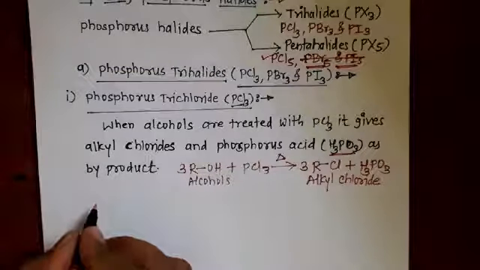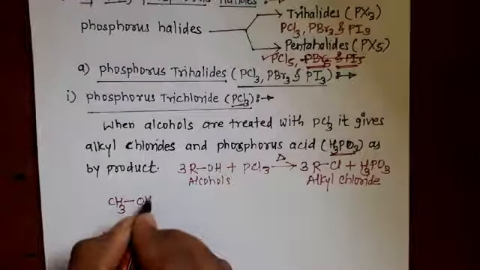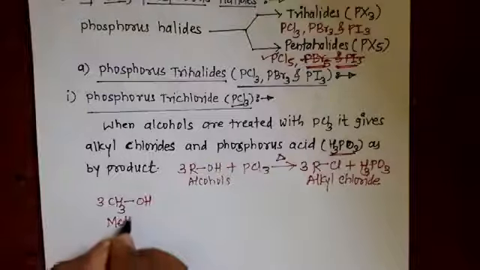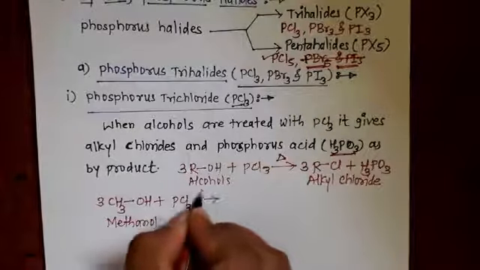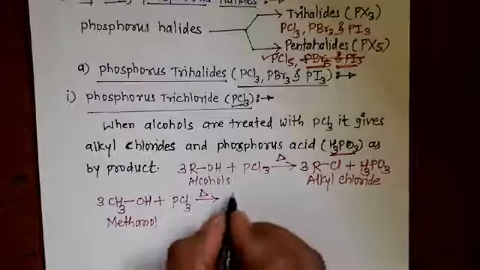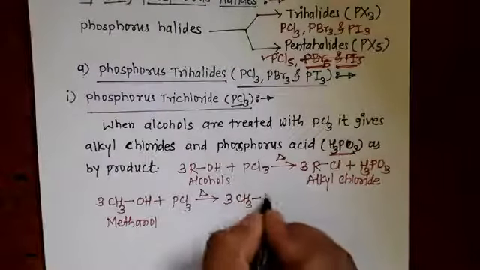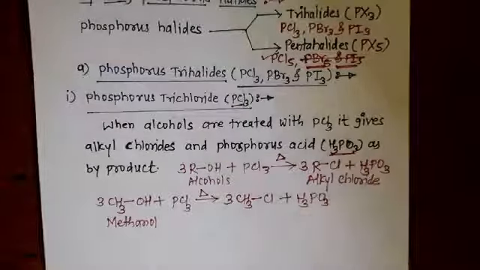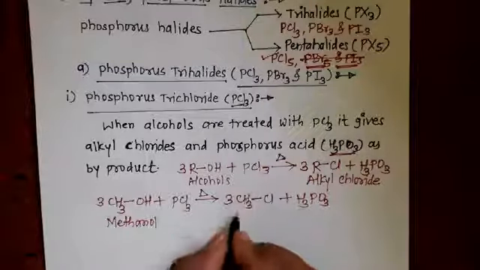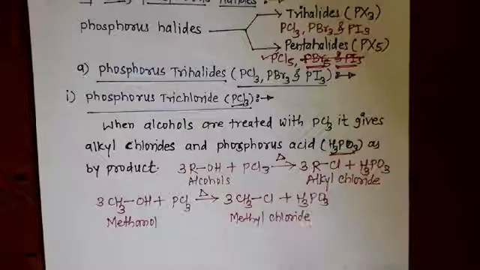We take another reaction, that is when 3 moles of methyl alcohol or methanol are refluxed with PCl3, it produces 3 moles of alkyl chloride and the byproduct, that is phosphorus acid, and the product we obtain is methyl chloride or chloromethane.